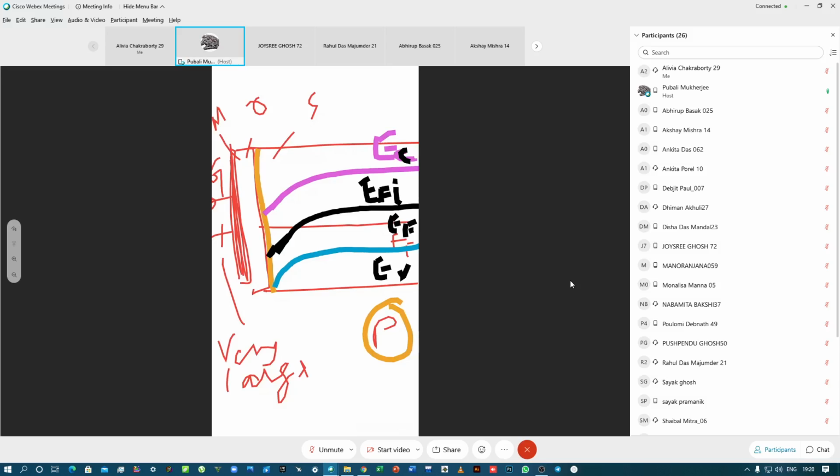Now, let us discuss this threshold condition of operation. In this threshold condition of operation, this is the bending that has taken place.